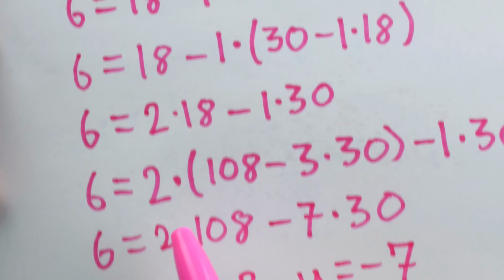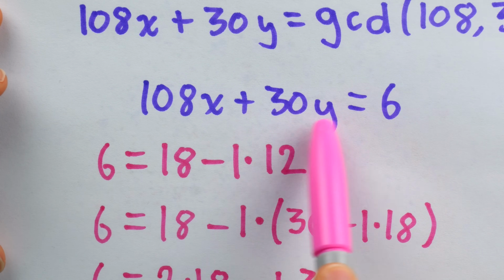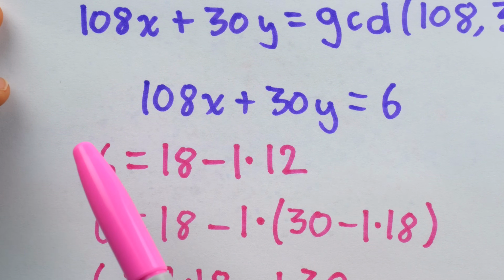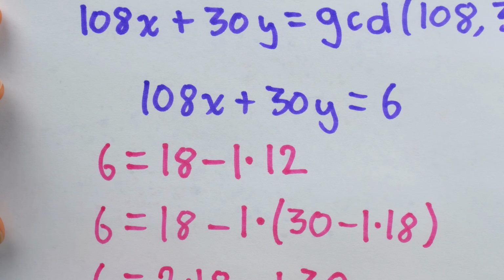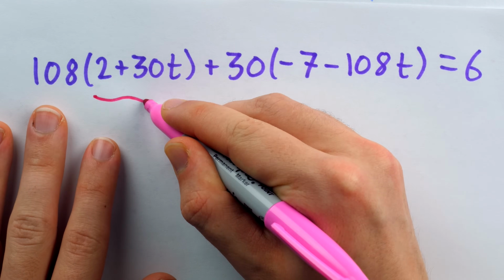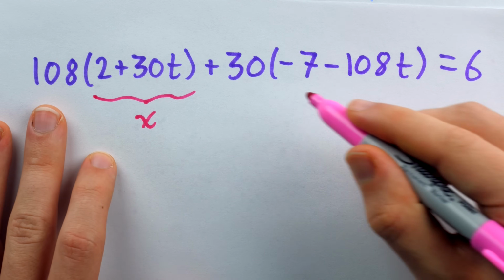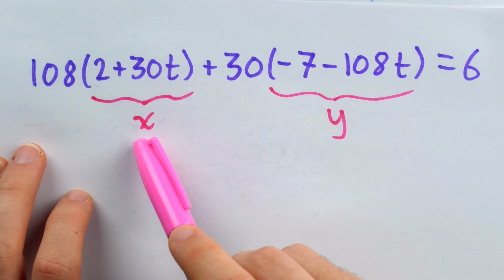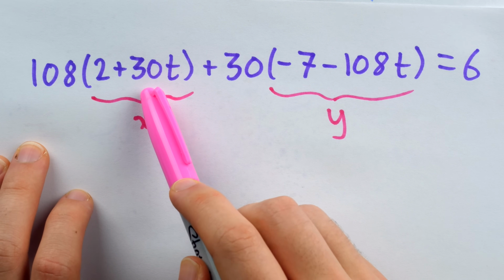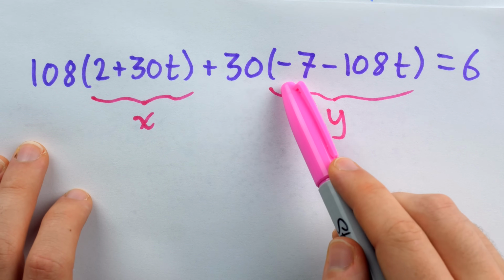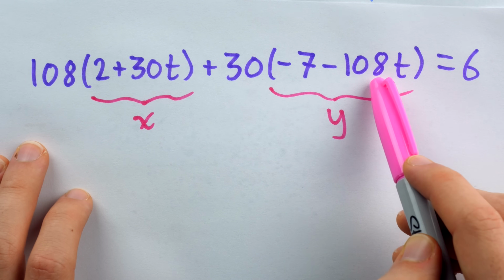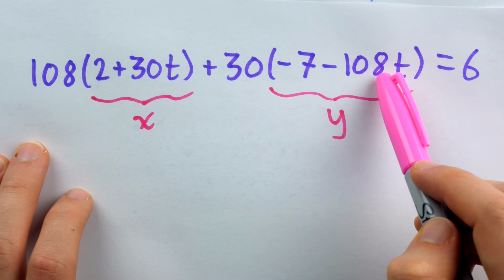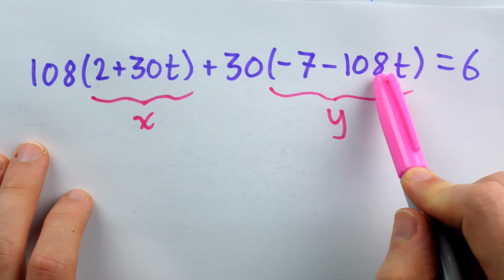However, this is not the only solution to this diophantine equation. In fact, we can quickly find infinitely many more. We just saw how we could replace x with 2 and y with negative 7 to have a solution. But certainly, replacing x with 2 plus 30t and y with negative 7 minus 108t, where t can be any integer, would also be a solution.